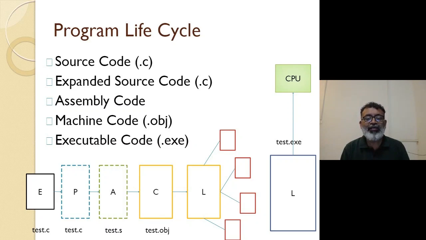You cannot see that. Its extension is .s. So this expanded source code and assembly code are created at the back end. We don't have access. On a Linux system we can see those codes.